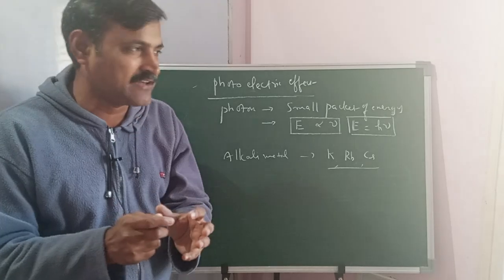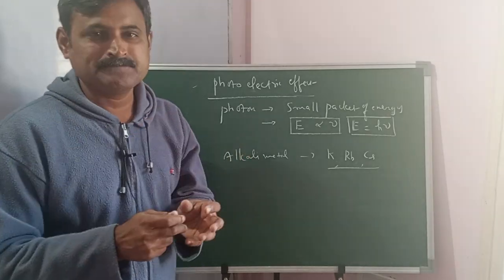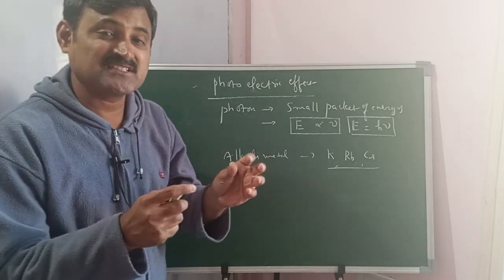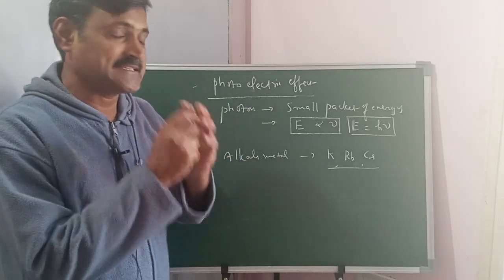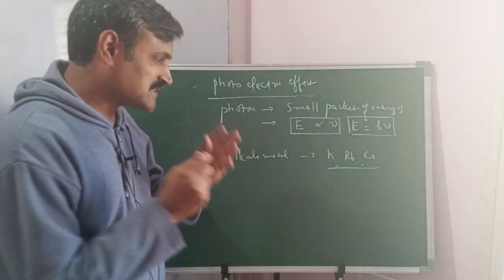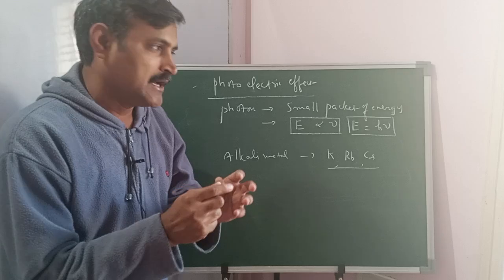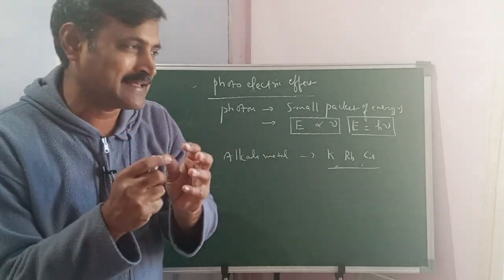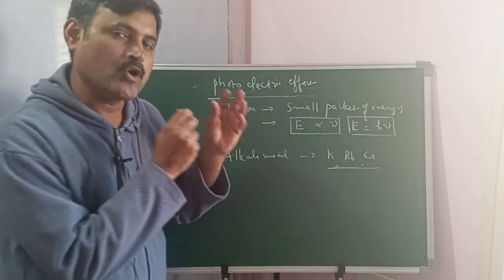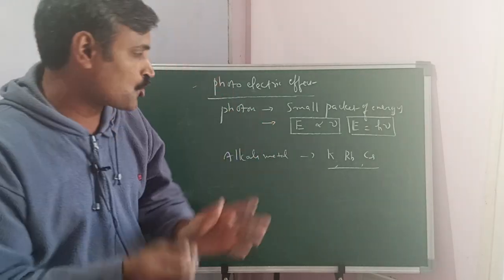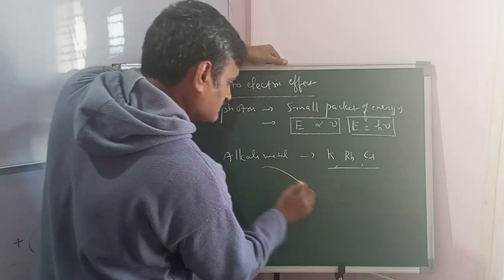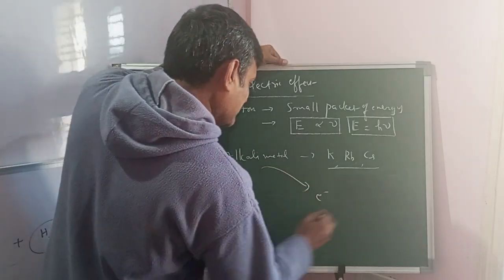Any one of these alkali metals, if you consider, is said to show this photoelectric effect, and it indicates that these metal surfaces are very sensitive and consist of electrons. Those electrons will come out of the metal surface if light of a suitable frequency or energy falls on their surfaces. This is the simple concept; these alkali metals release electrons.